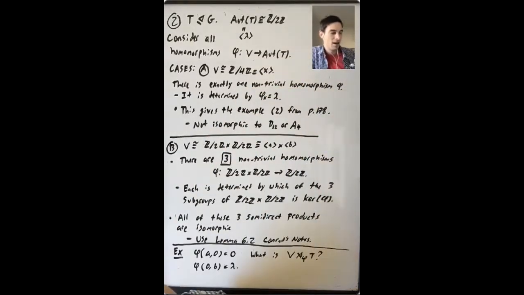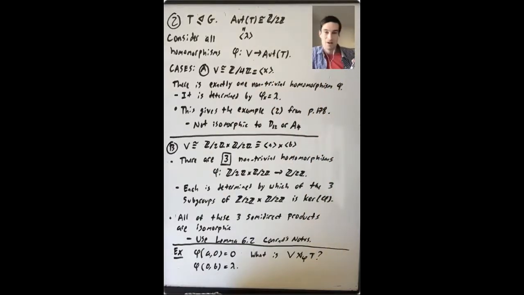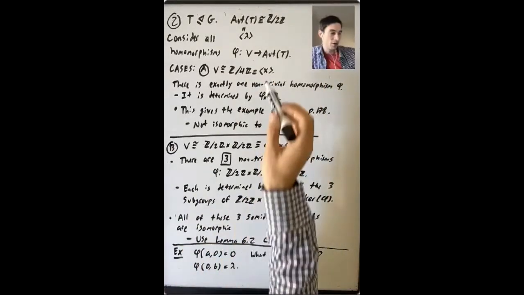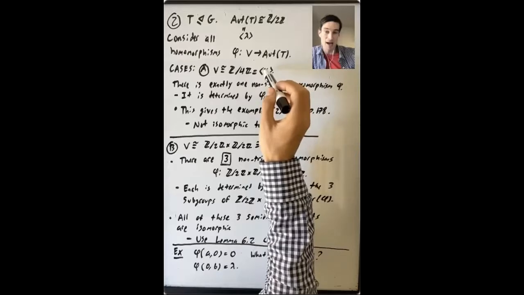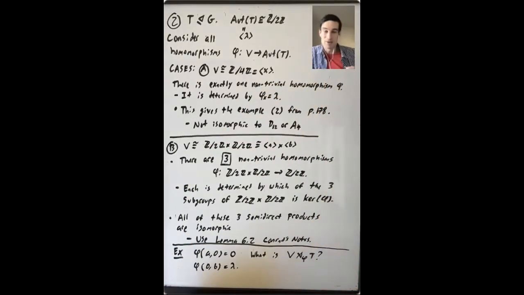Let's say that V is generated by X. So there's exactly one non-trivial homomorphism phi from V to Aut T, because a homomorphism is determined by where you send this generator X. So we can either send X to the identity of Aut T, in which case we get the trivial homomorphism, or we can send it to the non-identity element, lambda.